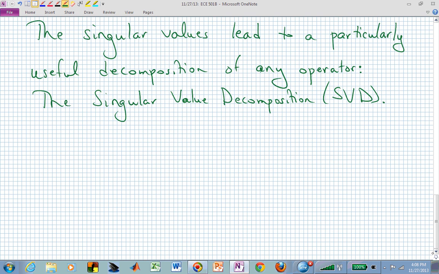That particular decomposition is prominent enough to get its own theorem. So theorem 746 is the singular value decomposition theorem.